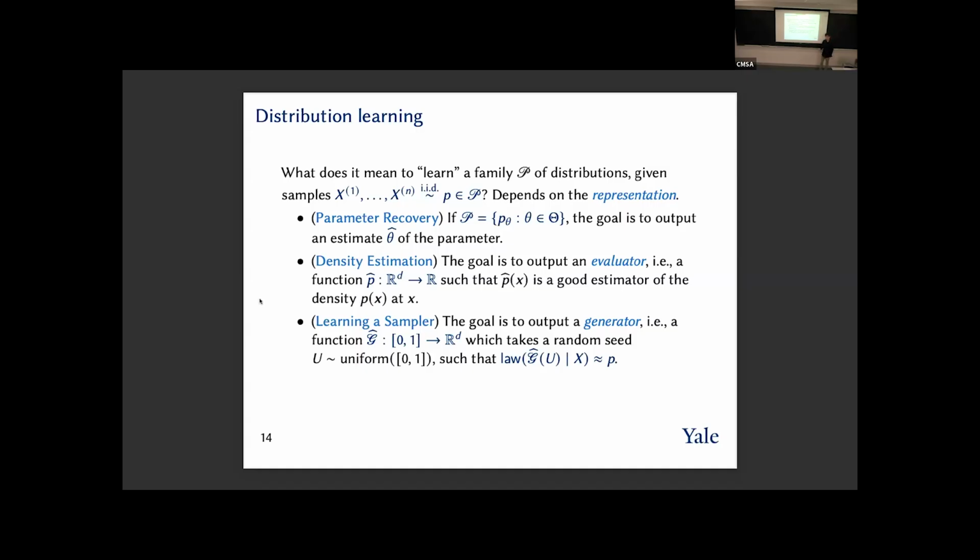If I condition on the data and I just give you back one of the original samples, the law of the output would be a point mass at a single point, and that's not close to P. So you haven't learned anything.